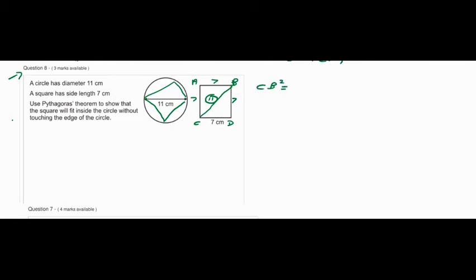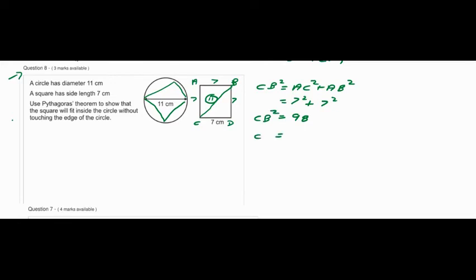squared is equal to AC squared plus AB squared. That's just Pythagoras. So AC squared is 7 squared, AB squared is 7 squared. So 49 plus 49 is 98. So CB squared is 98.